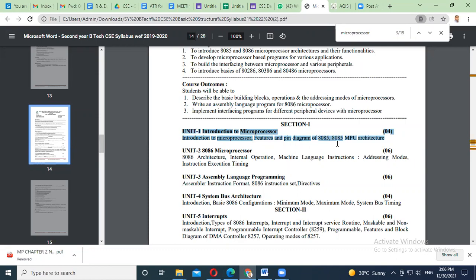Yes, sir. Okay, thank you. For the first unit I gave printed notes, but from the second unit onwards I will mail them to you. I wrote them by hand, and they are even easier compared to this one.